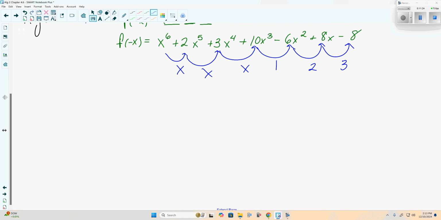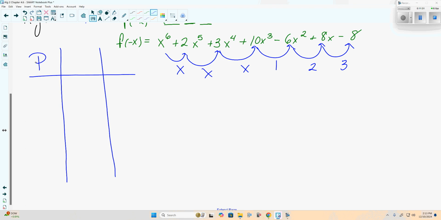This is actually, we're going to make a table to list our answers. Positive, negative, complex. So the most positive number solutions we could have was what? 3, yes?